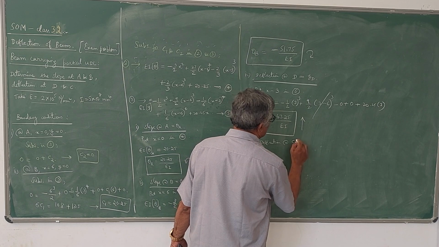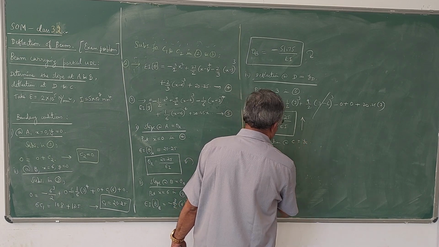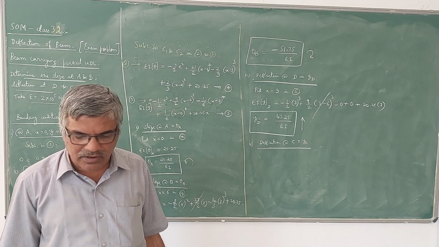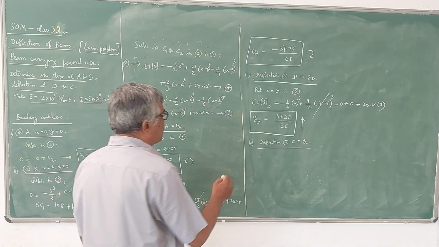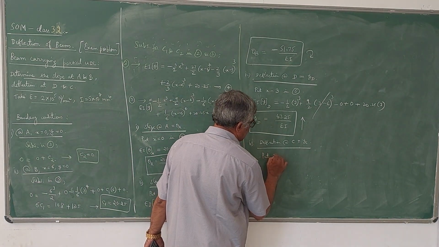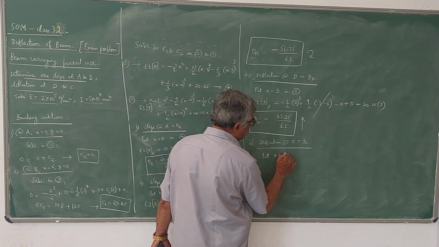Lastly, I need the deflection at C, so YC. If you want YC, put x equal to 9, because the distance from A to C is 9 meters.